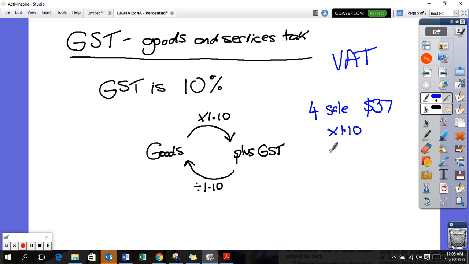So 37 times 1.10, and it's $40.70 including GST.